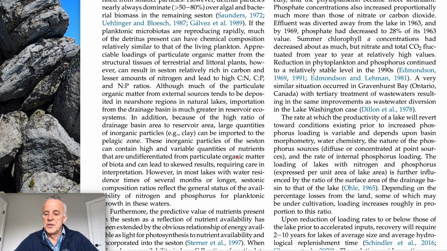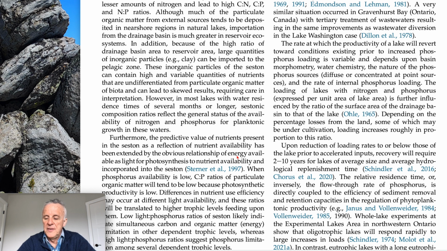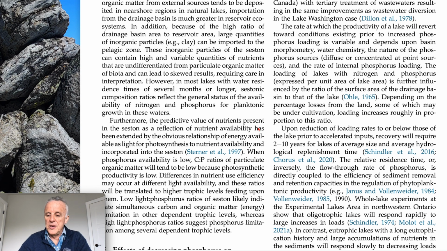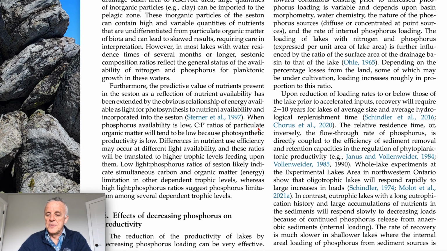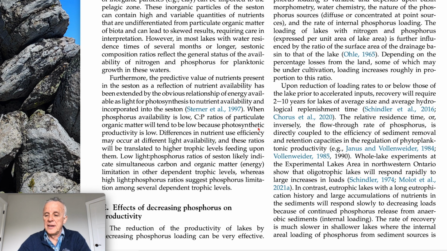The rate at which the productivity of a lake will revert toward conditions existing prior to the increased phosphorus loading is variable and depends upon basin morphometry, water chemistry, the nature of the phosphorus sources, and the rate of internal phosphorus loading. The loading of lakes with nitrogen and phosphorus is further influenced by the ratio of the surface area of the drainage basin to that of the lake.